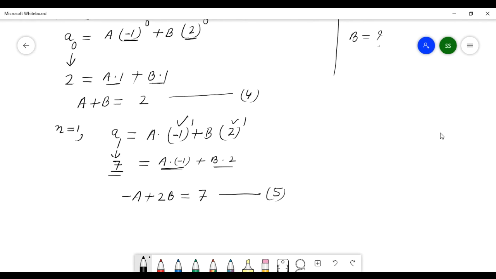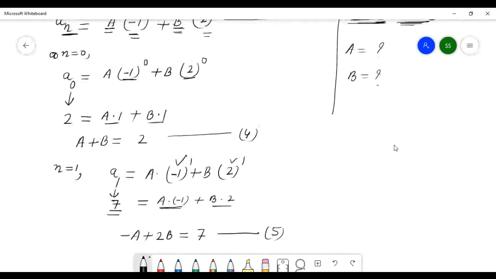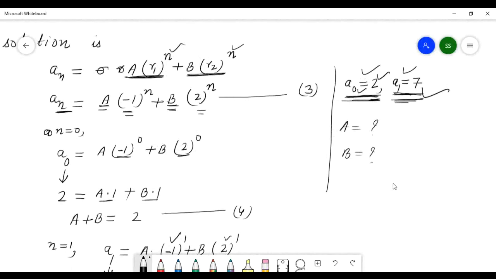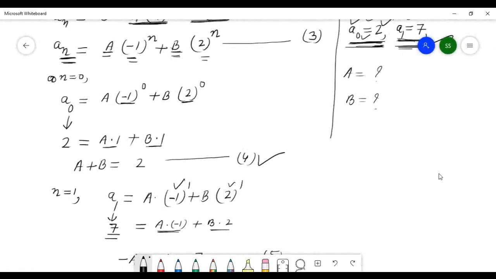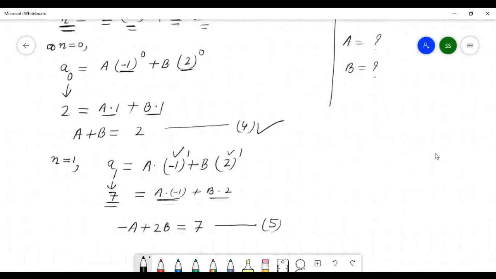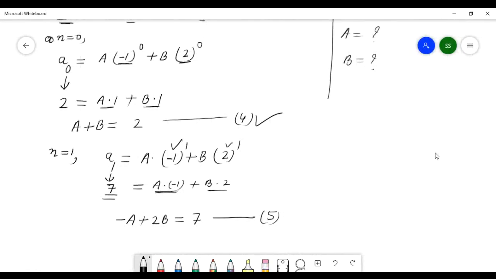Okay, first you used this a0, that is n equal to 0. You got this: A plus B equal to 2. And after that you use the second condition a1 equal to 7, that is n equal to 1. Then you got this equation number 5.